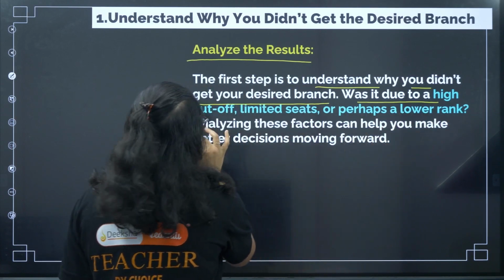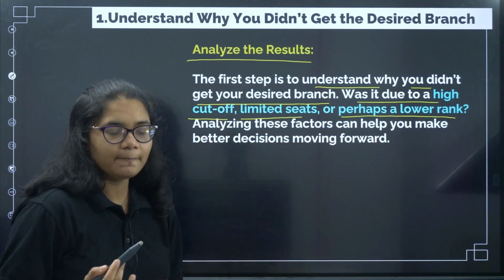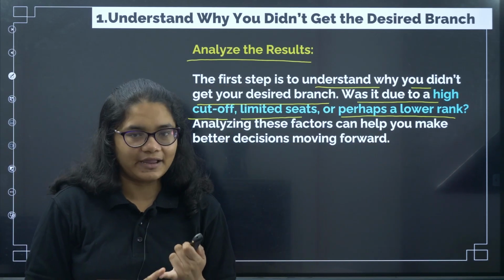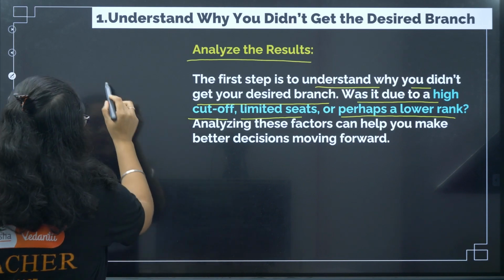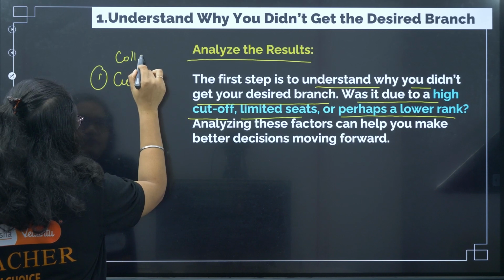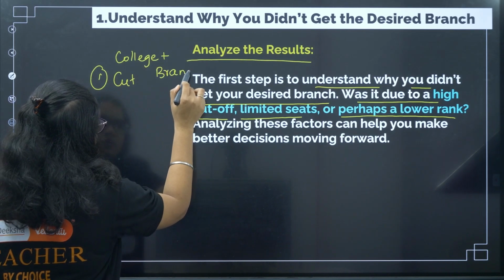Was it due to the high cutoff, limited seats, or perhaps a lower rank? There can be different reasons for not getting a desired branch. First of all is the cutoff of the branch. You must be adding the college plus branch, right?